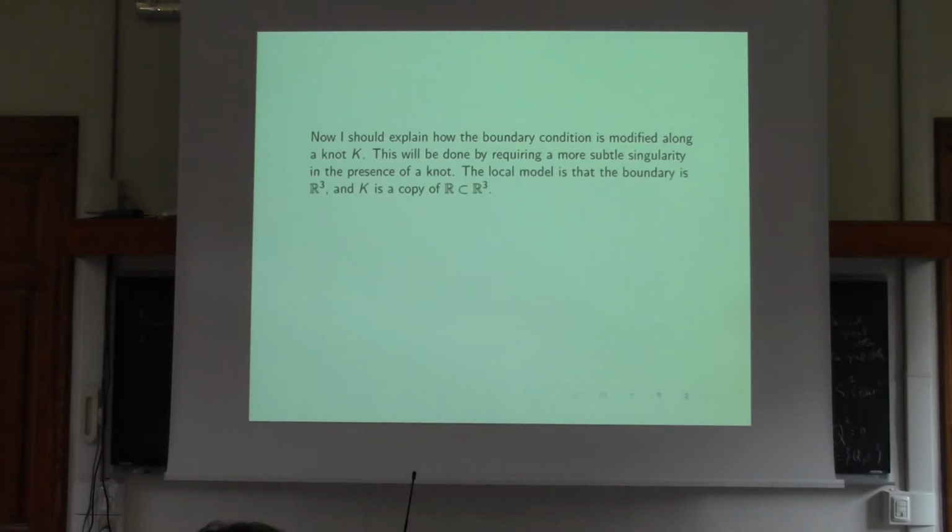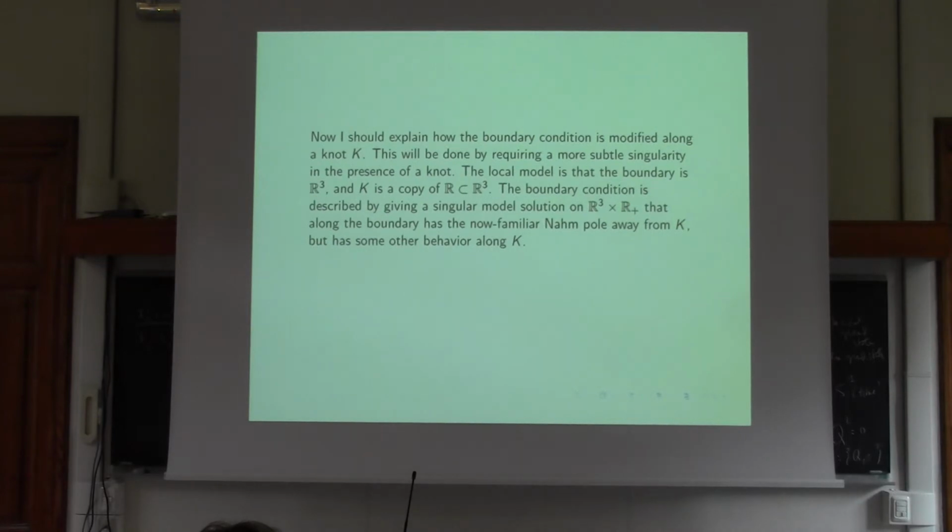So to describe that singularity, the local model is that the boundary is R3, and K is a copy of R inside R3. And we're now supposed to get a singular solution on R3 times R plus that along the boundary has the Nahm pole away from K, but has some other behavior along K. The model solution, moreover, is invariant under translations along K, so it can be obtained by solving some reduced equations on R2 times R plus.